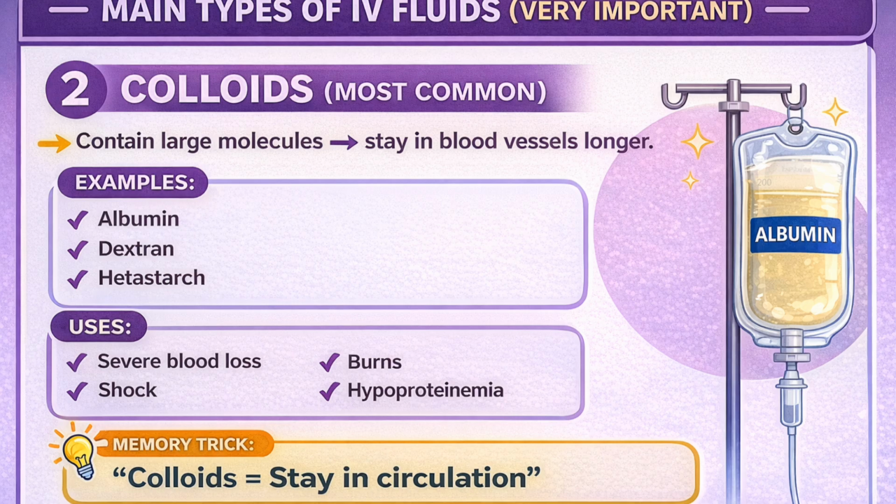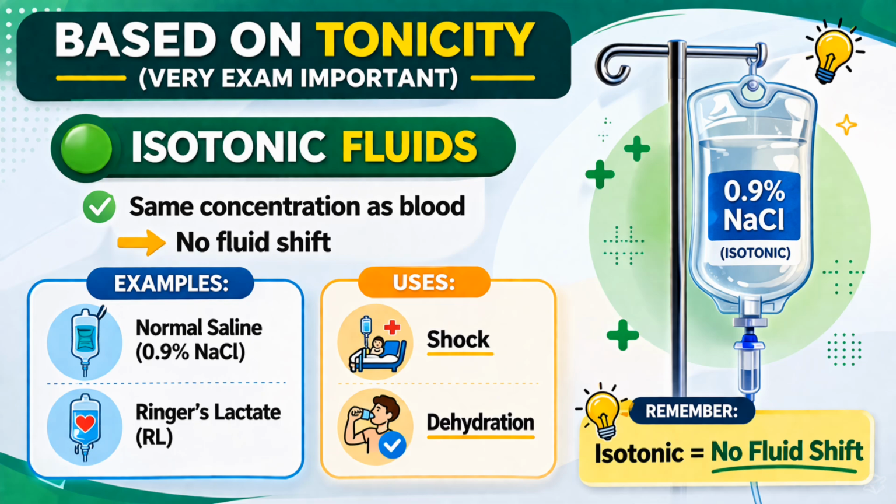The bonus tip or memory trick for you is colloids: these are the fluids which stay in circulation for a longer period. That is the reason we give them in conditions like burns and shock, where fluid retention is an emergency.